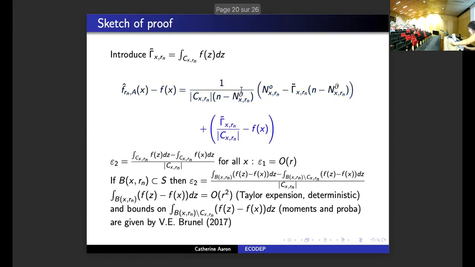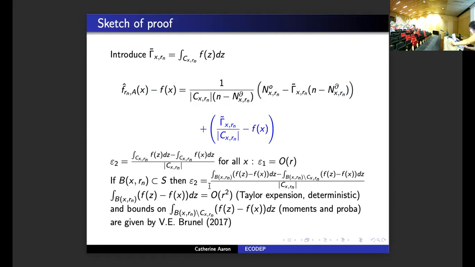And now let's have a look at this one. We recall that gamma tilde is the integral of the density on the convex hull. If I look at the difference between the integral of the density and the integral of the constant density f(x), because of the regularity condition on f, it's clearly something which is big O of R^n.